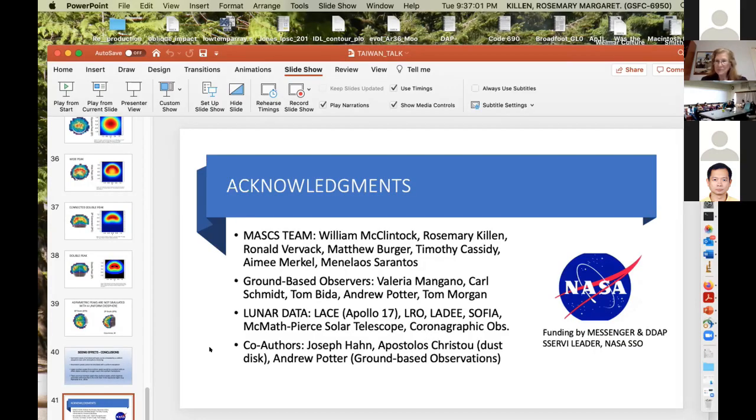I have two questions. One is that I haven't got very clear from the beginning this exosphere. How much of it is neutral and how much is ions? It's not very clear to me.